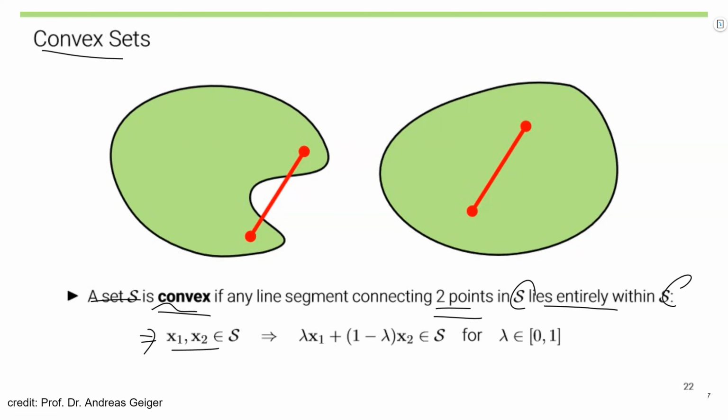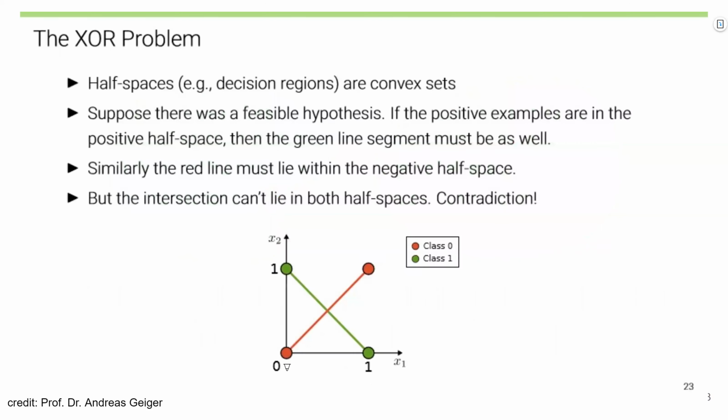Mathematically, for 2 points inside this set, we just take a weighted sum, where lambda and 1 minus lambda sum to 1, and lambda is between 0 and 1. After we do this weighted sum, if the resulting point is still inside the set for all x1 and x2, then we say this set is convex.